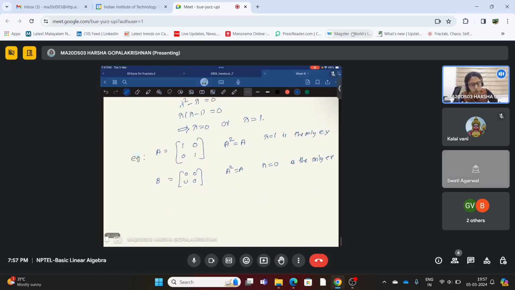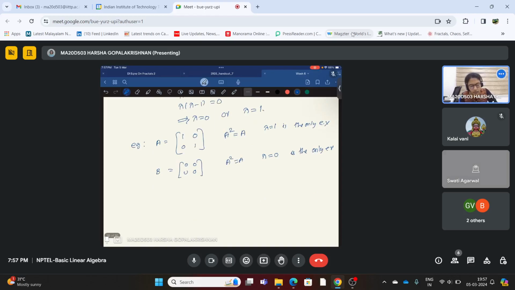Okay. Now can you give any matrix C such that C square equals C and lambda equal to 0 and 1 are both eigenvalues? Any 2 by 2 matrix?